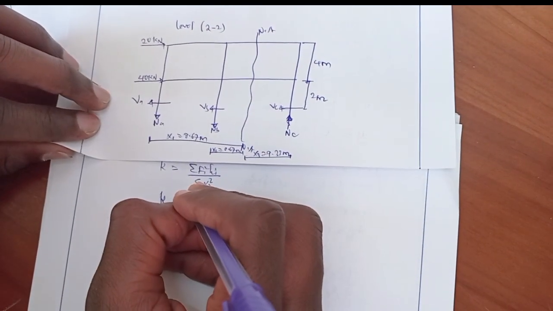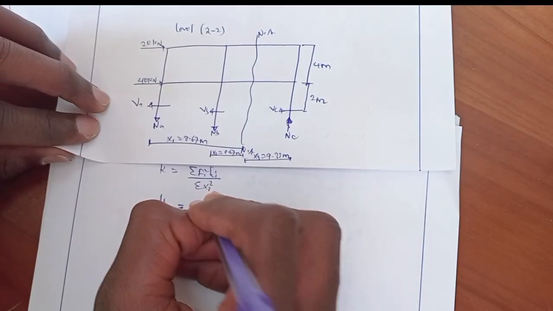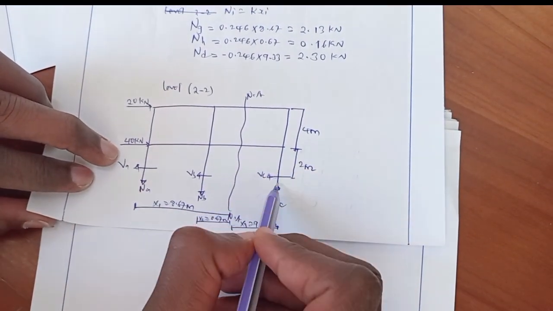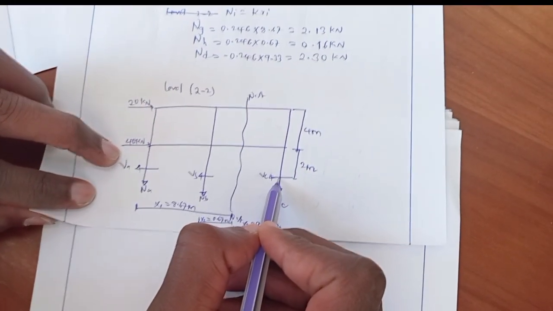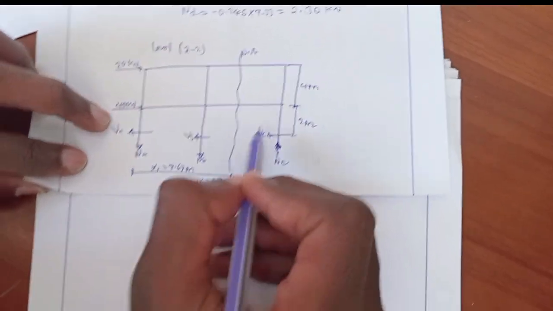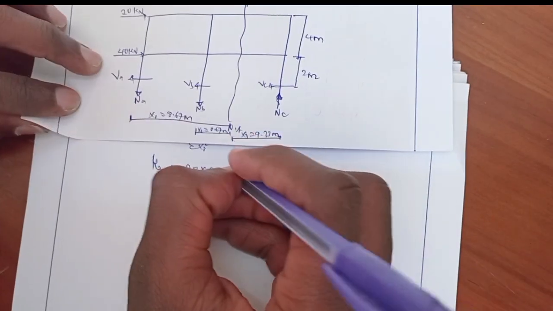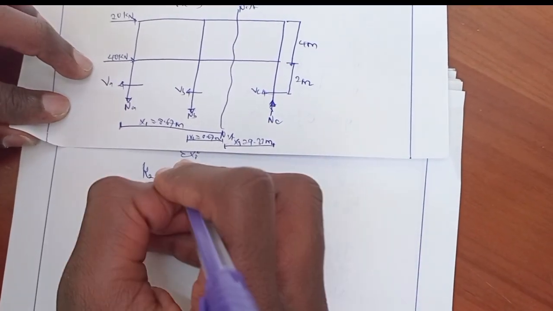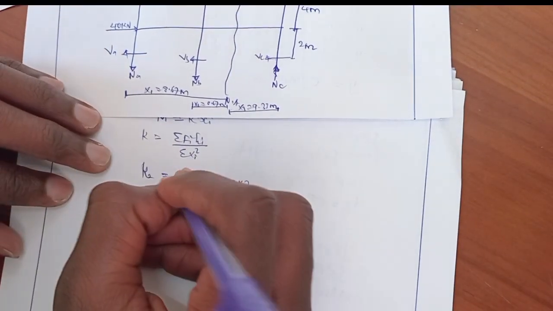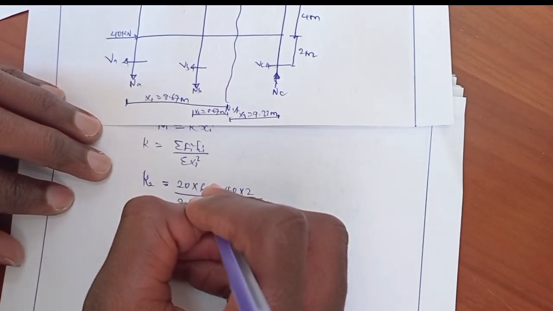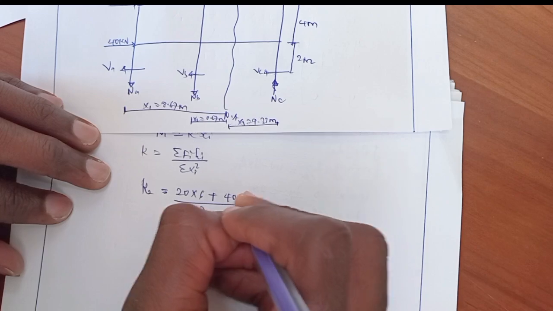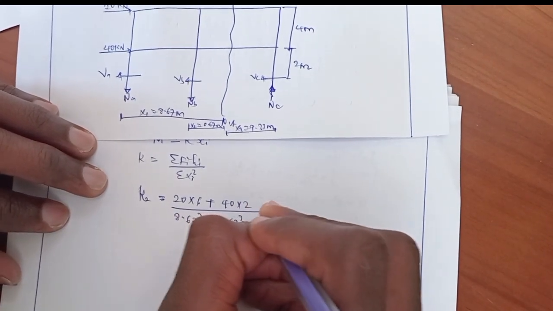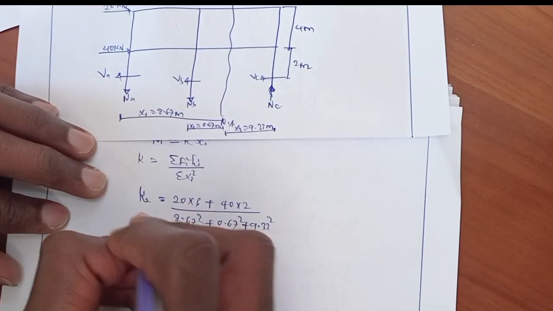So 20 times 6 plus this horizontal force, whose perpendicular distance up to the centroid is 2 meter, so 40 times 2, over 8.67 square plus 0.67 square plus 9.33 square.